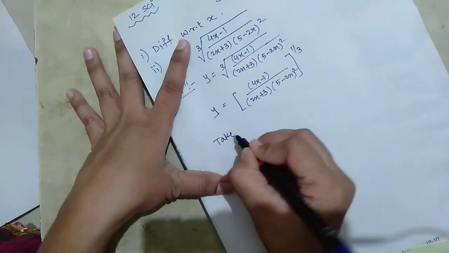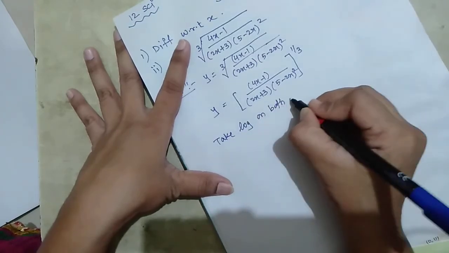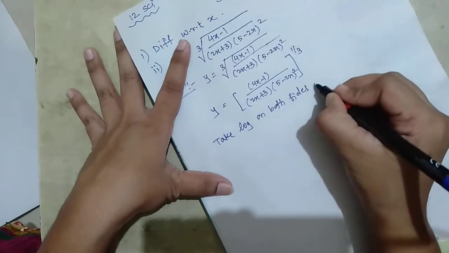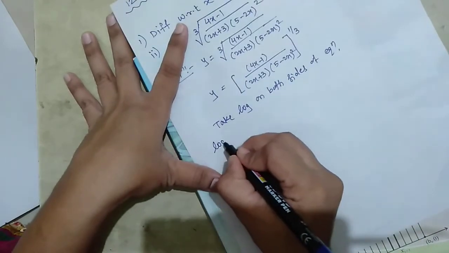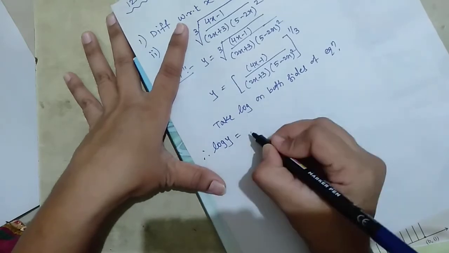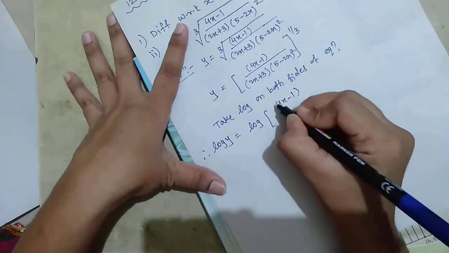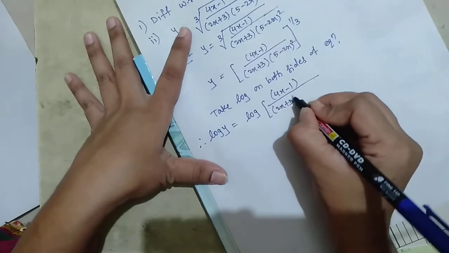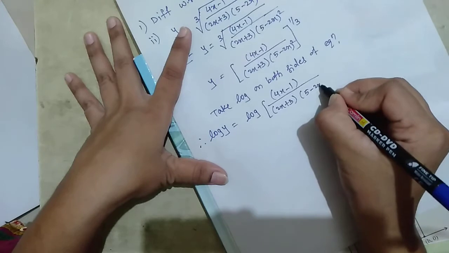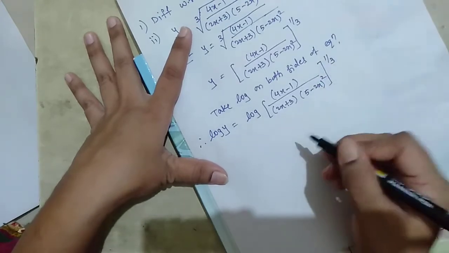So take log on both sides of the equation. So log of y is equal to log of (4x minus 1) divided by (2x plus 3)(5 minus 2x) bracket square raised to 1 by 3.